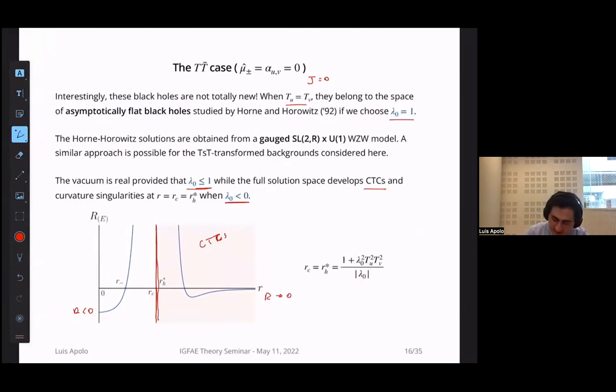In this case, the location of the cutoff would also scale in this way, as in the double trace version of holography. So it would be interesting to see if this also works in the single trace case.